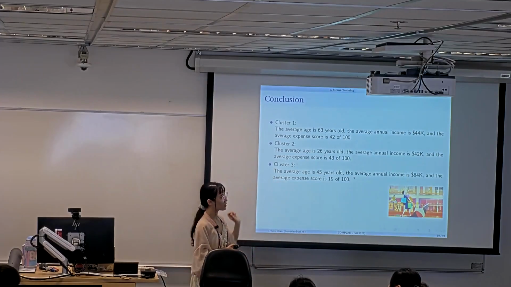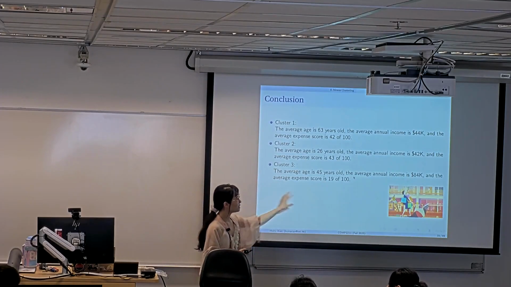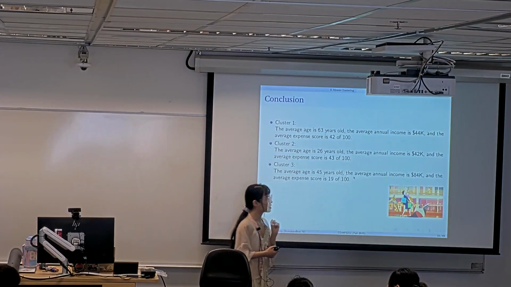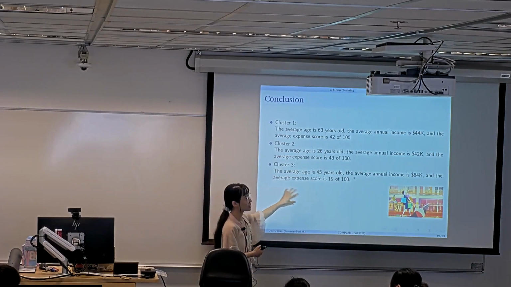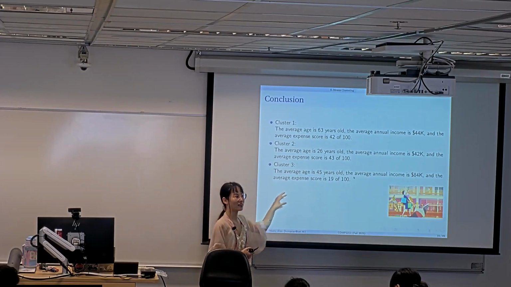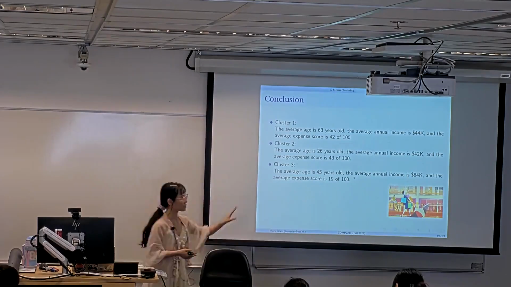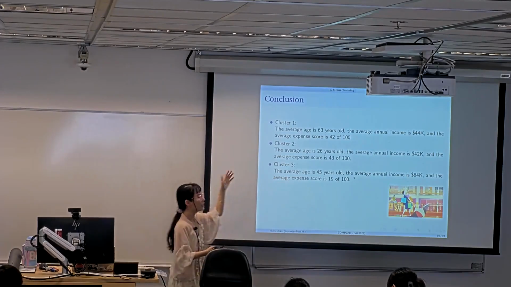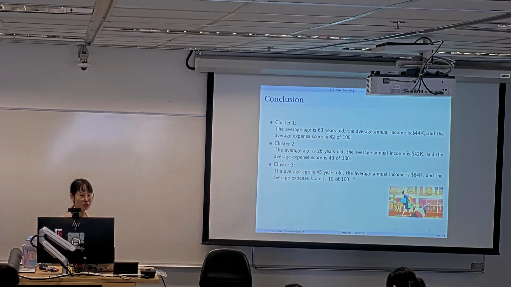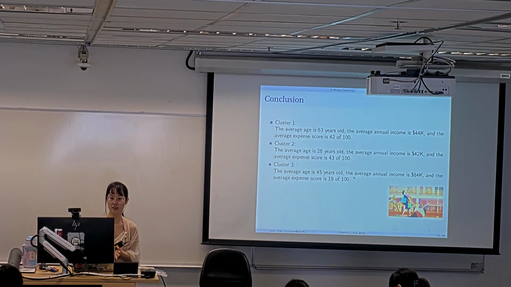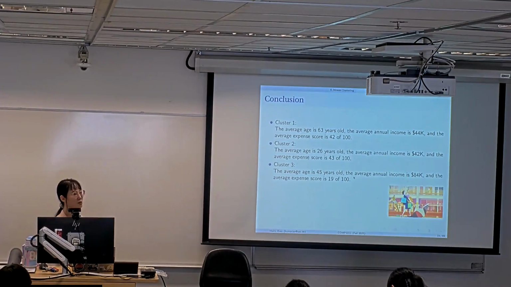Because currently you find that cluster 3 has the highest average annual income, but somehow the lowest expense score. That means they still have much potential to buy more things because they are very rich. So these are the conclusions we can draw from the clustering results, and basically that is helping companies or malls to design different advertisement strategies targeting different customers.